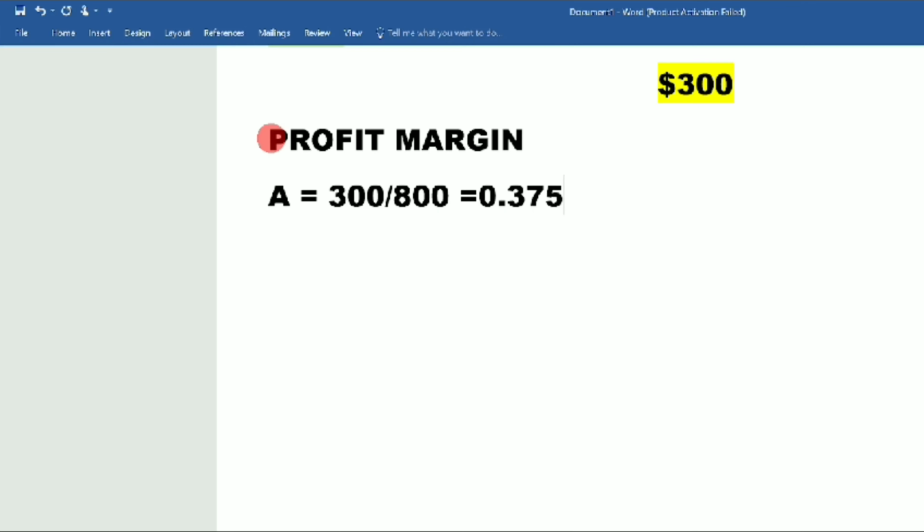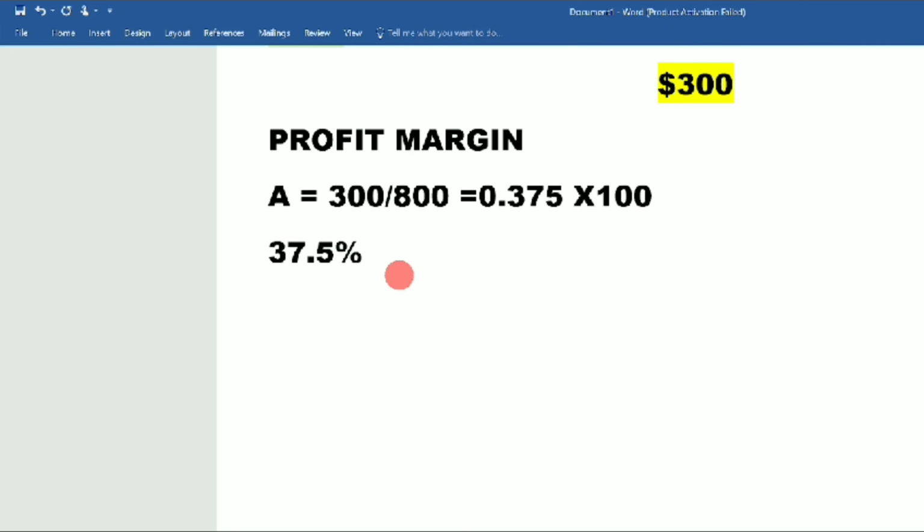Because profit margin is measured in percentage, we are going to multiply that by 100 so we can have the value in percentage. So 0.375 times 100 will give us 37.5%. This is a good profit margin.